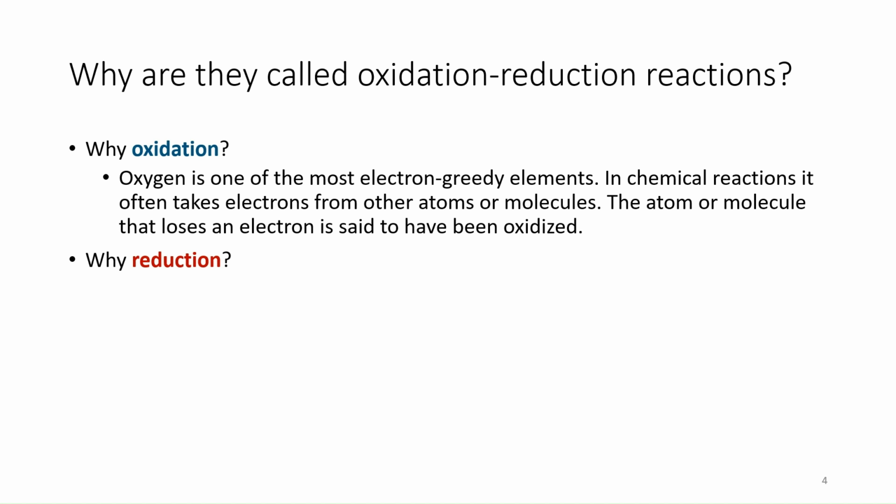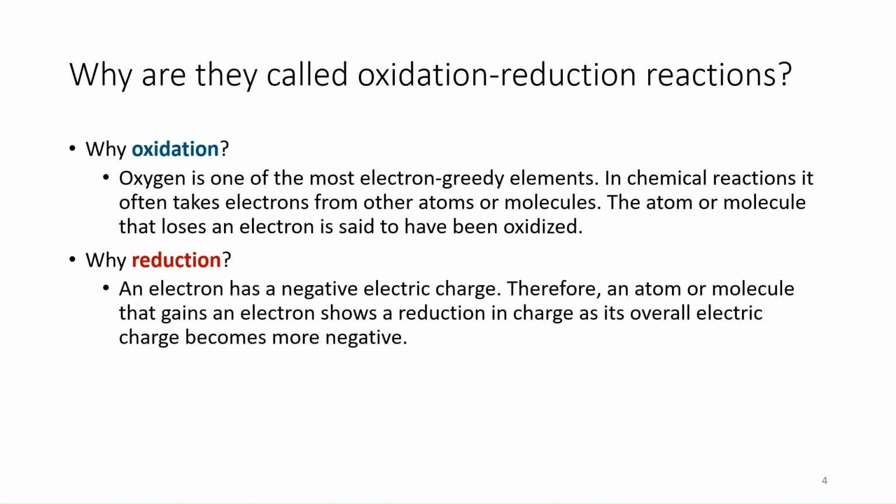So when an atom or molecule gains an electron, it actually experiences a reduction in its electric charge, because the charge becomes more negative. So that's oxidation and that's reduction. And the two are always coupled with each other because a molecule can't lose an electron without another molecule taking it. If you have an oxidation taking place, you inevitably have a reduction taking place too.